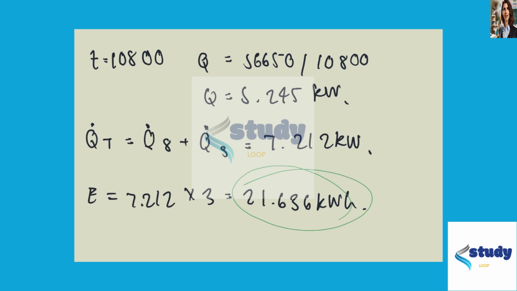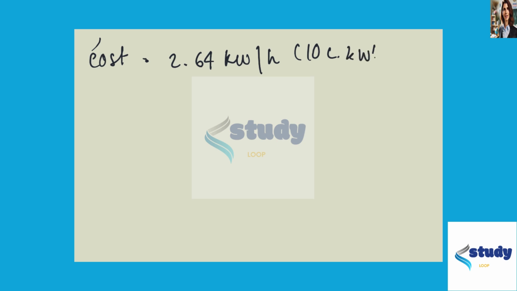So looking at the next part here now, we have the cost. Cost is equal to 21.64 kilowatt hours multiplied by 10 cents per kilowatt hour. We get $216.4.